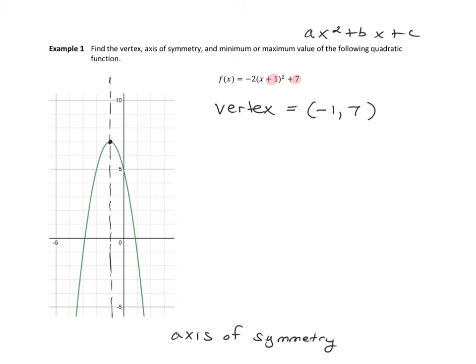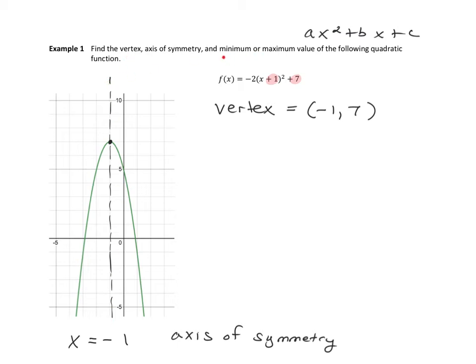Symmetry because it's the line that splits the graph in half as a mirror image. So like this side is the mirror image of this side. It has some symmetry. And the actual equation is going to be x is equal to negative 1. We get a vertical line, and the x value is also at negative 1. So that's the axis of symmetry.